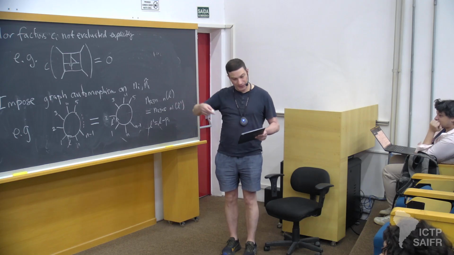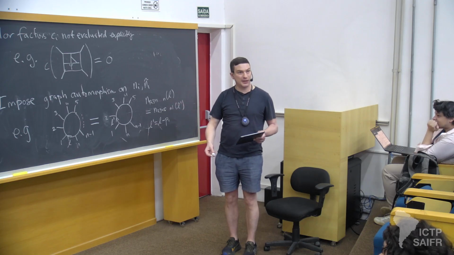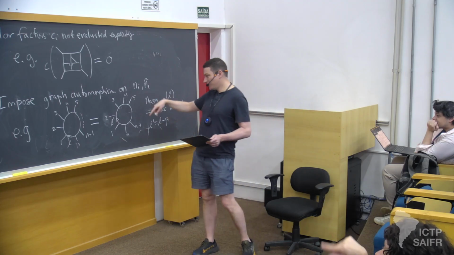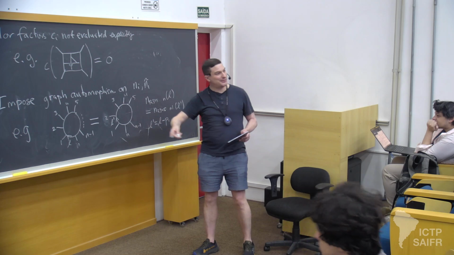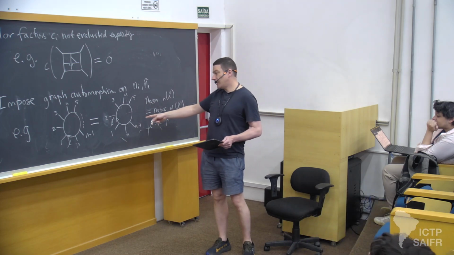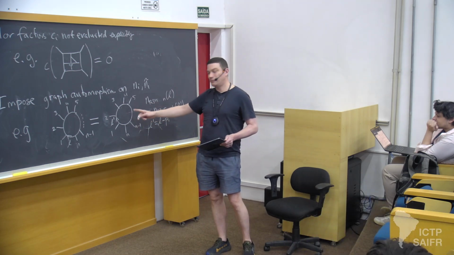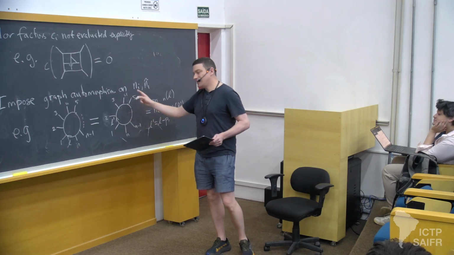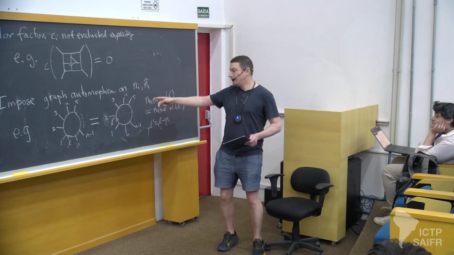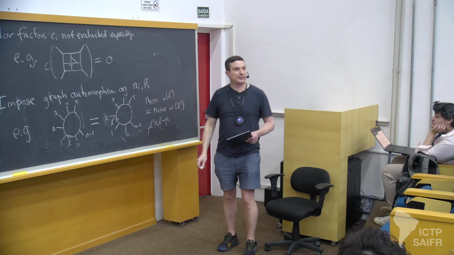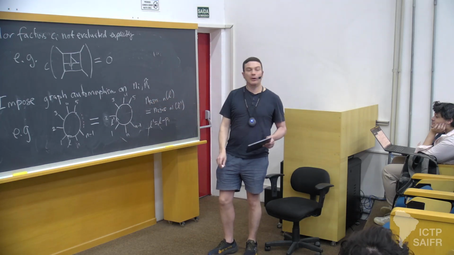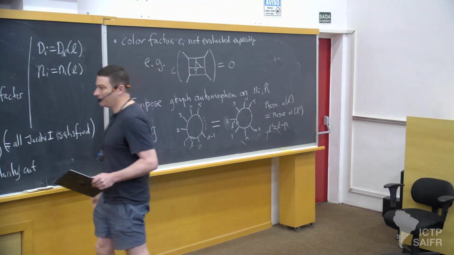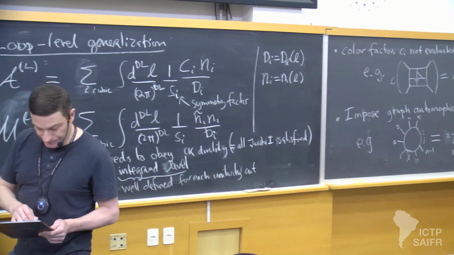Nima is trying to find a global integrand, but he's forced to introduce winding modes, an infinite number of them, and this is all related to the fact that there's an infinite number of ways of labeling the graph. It looks like it's only a finite number, but you can shift L by any of the external momenta, and that can be thought of as some kind of winding issue. But I'm not going to talk about surfaceology here. That was just a minor comment.